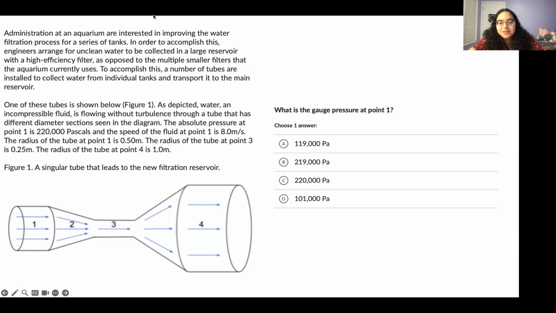And also, if you need a hint, because it wasn't in the slides, gauge pressure is the pressure relative to atmospheric pressure. So you would subtract atmospheric pressure from pressure.